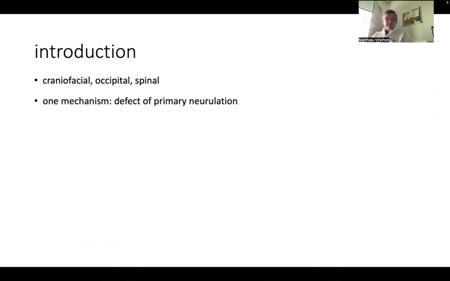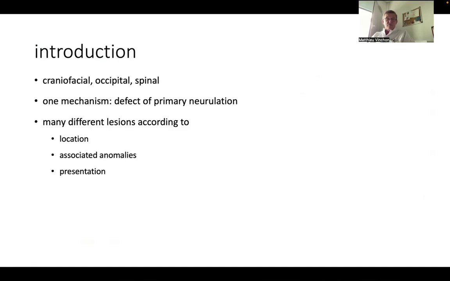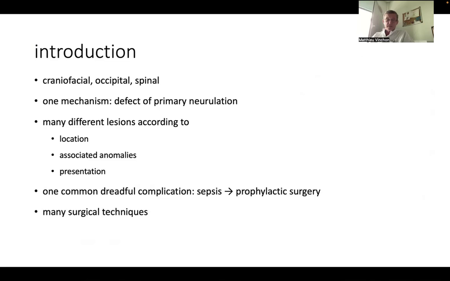All these lesions have in common one mechanism, which is a defect of primary neurulation. They are also very different according to their location, to the associated anomalies, to their presentation. And they have one dreadful complication in common, which is sepsis, and it imposes early diagnosis and prophylactic surgery.